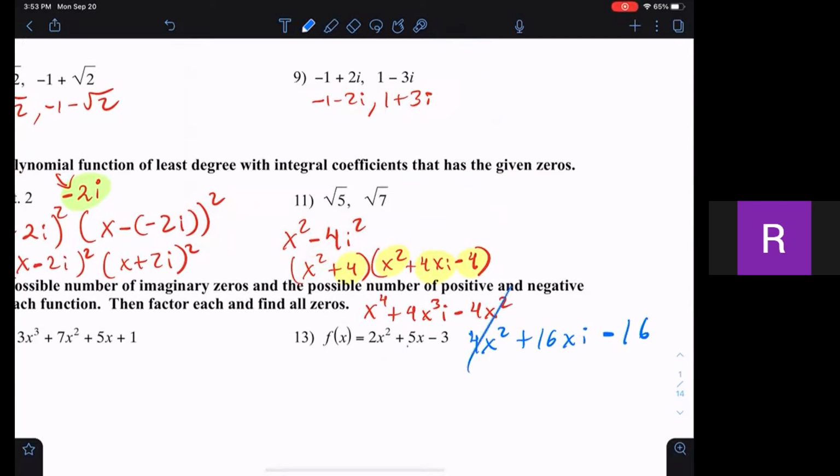So that means these cancel. So I have x to the 4, 4x cubed i plus 16xi minus 16.